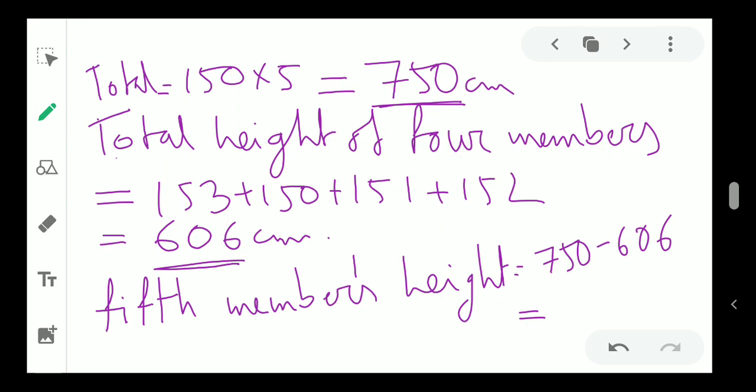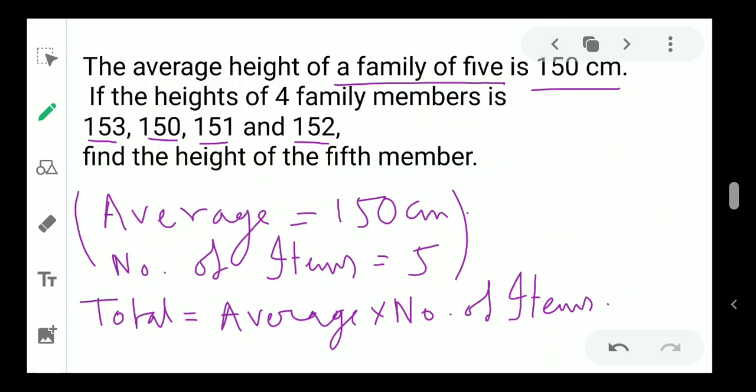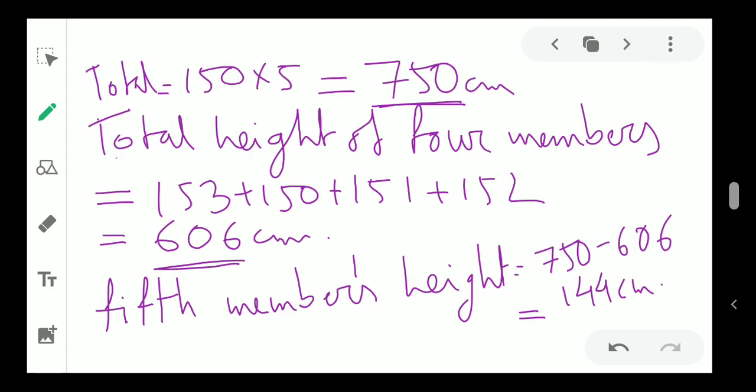So 750 minus 606, that is 144 centimeter. So this is how you have to do this kind of tricky maths. Okay, so this is one typical example of it. Later on, slowly, I will give this kind of tricky questions, and you have to solve them. Fine.